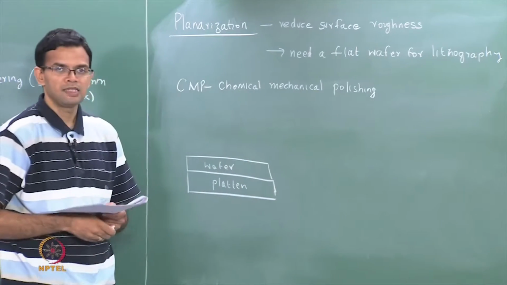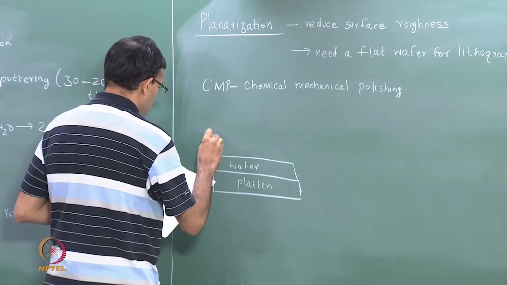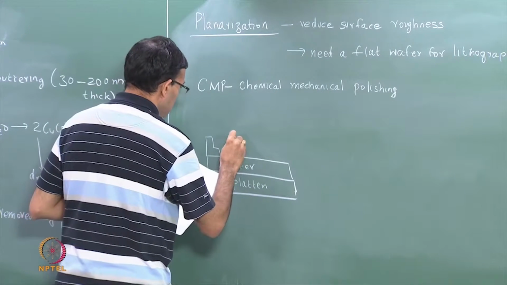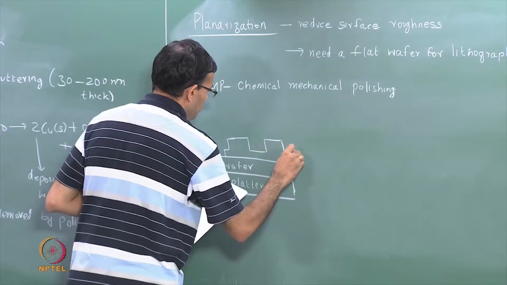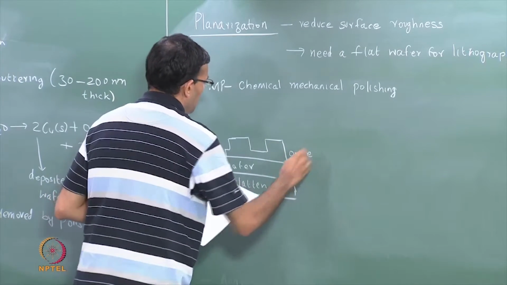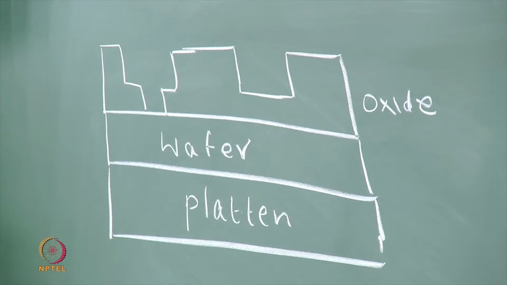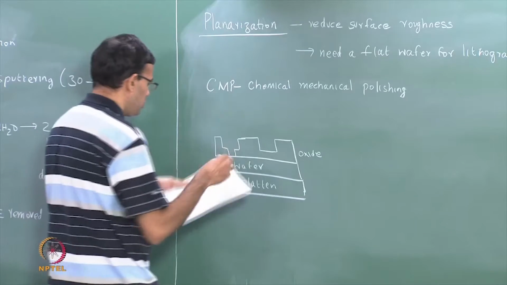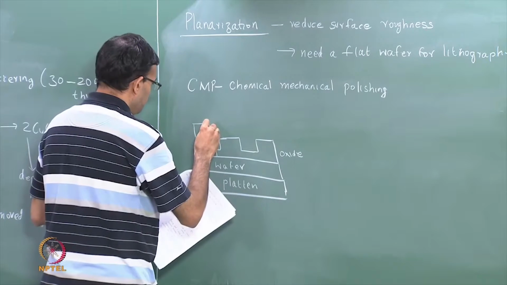In this particular example, the wafer has some oxide layer. This is the oxide layer. I am exaggerating the thicknesses here. The oxide layer is usually much thinner than the thickness of the wafer. This is just to show the process, maybe with some metal layer on top.